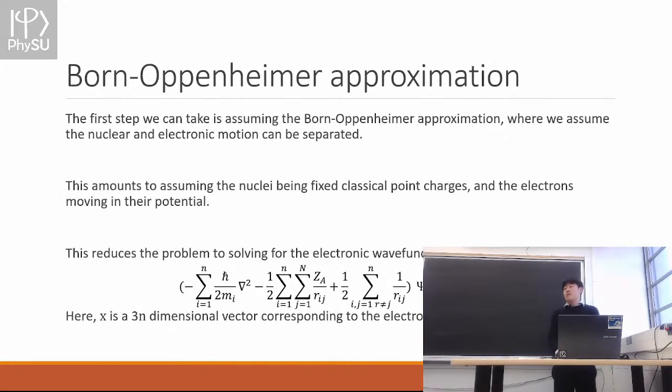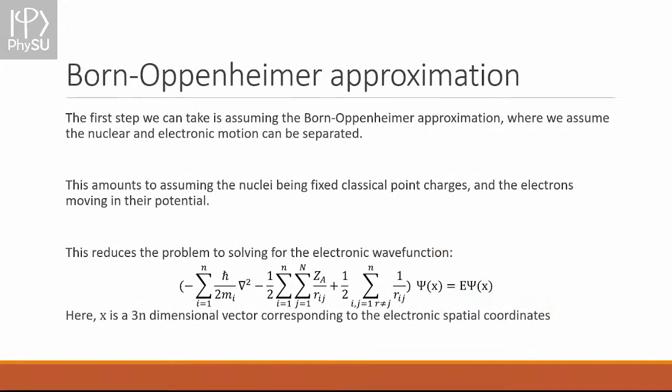So the first thing we can do is make what's called the Born-Oppenheimer approximation. Essentially, it's the assumption that you can treat the electronic and nuclear degrees of freedom separately. The nuclei are much heavier than the electrons, so they operate on different time scales and mass scales.